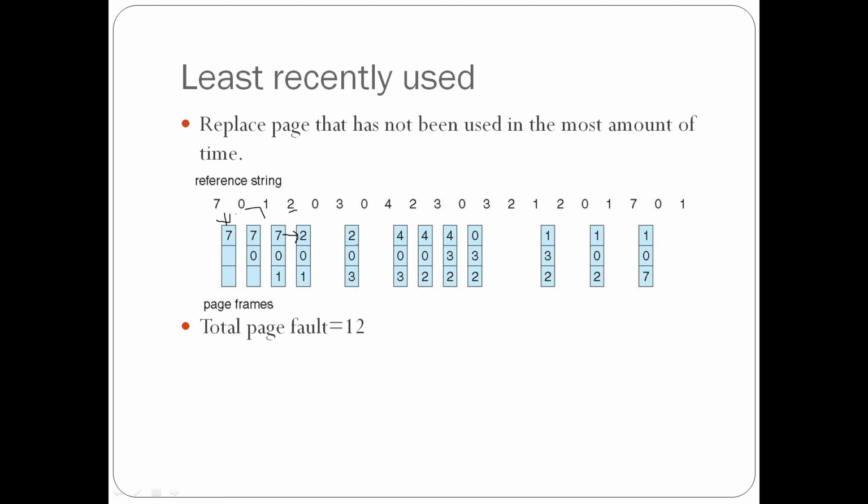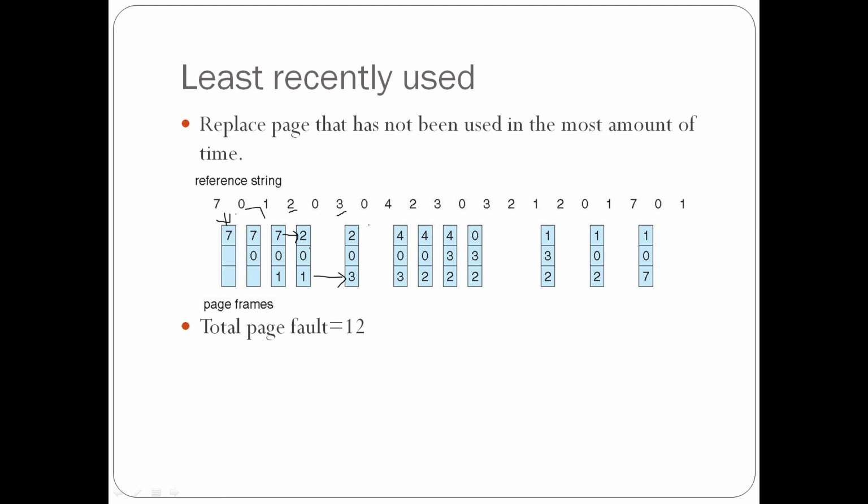So 7 is replaced by 2. Then 0 is already available, so it is a page hit. Then 3. 3 means out of 2, 0, 1, which has not been used for the longest period of time. 0 and 2 are used here, only 1 has not been used for the longest period of time. So 1 is replaced by 3.